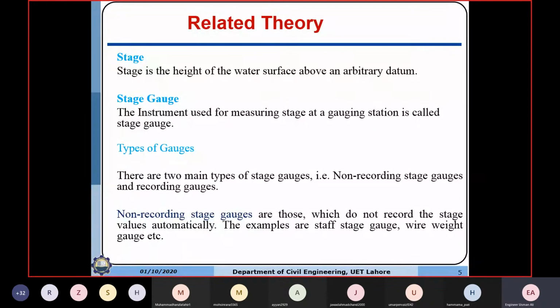Similar is the case when you have to mention the stage in the river, the water level in the river. It is always with respect to an arbitrary datum, a fixed, mostly horizontal surface, with respect to which we mention the reduced levels or water levels of a river or a reservoir, etc. So stage is the height of water surface above an arbitrary datum.